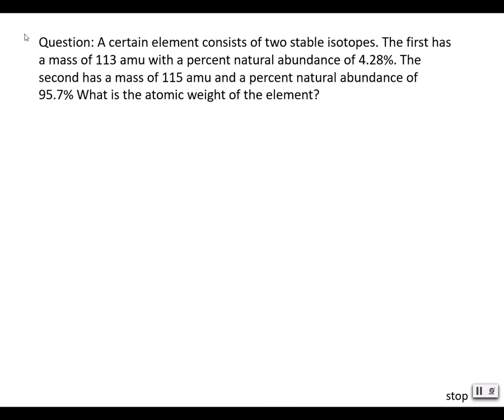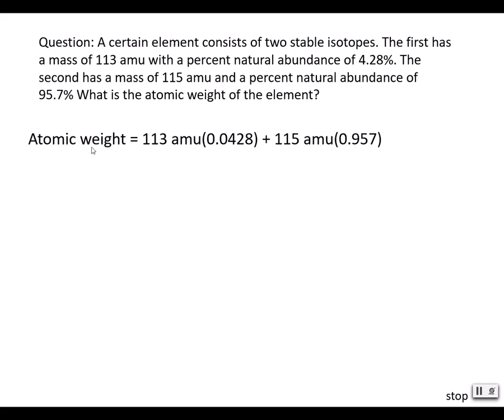So here I've got the same question up here. And I can set up my equation to say that the atomic weight of the element is equal to the mass of each isotope. So I have the mass of my first isotope and of my second isotope.